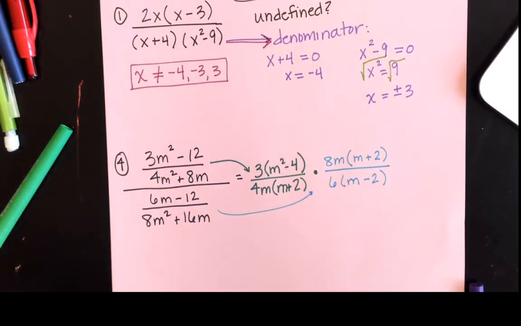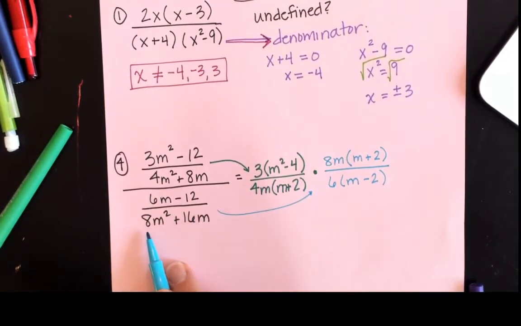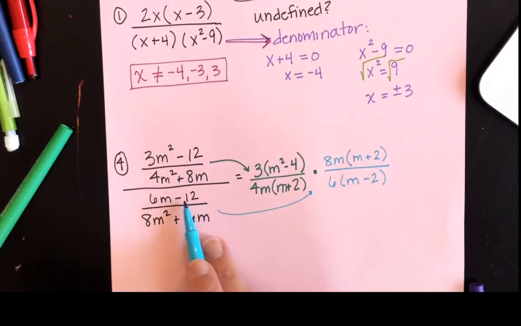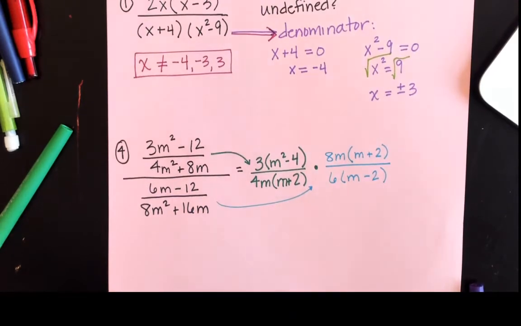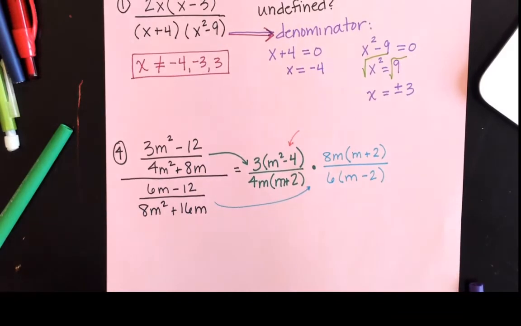Okay, so let's just make sure I didn't make any mistakes. Bottom is now on top, so we pulled out an m and an 8, m plus 2, we pulled out a 6, and we have m minus 2. All right, so now when we look at this, I don't want to forget that this guy right here, what do we call that guy?